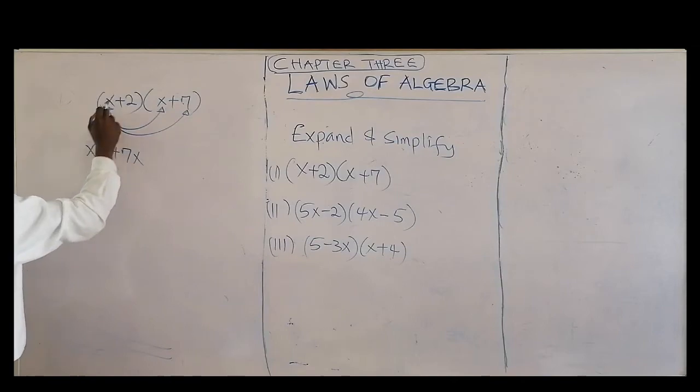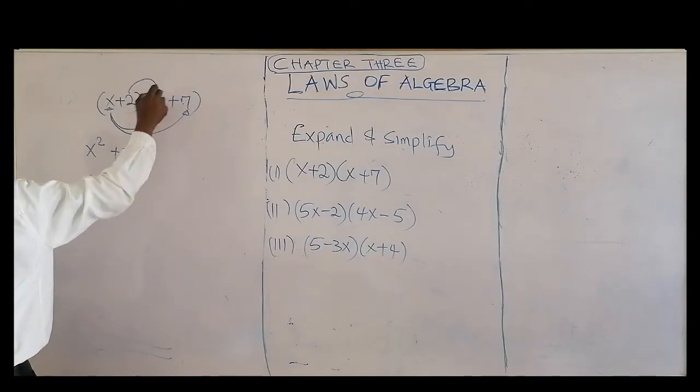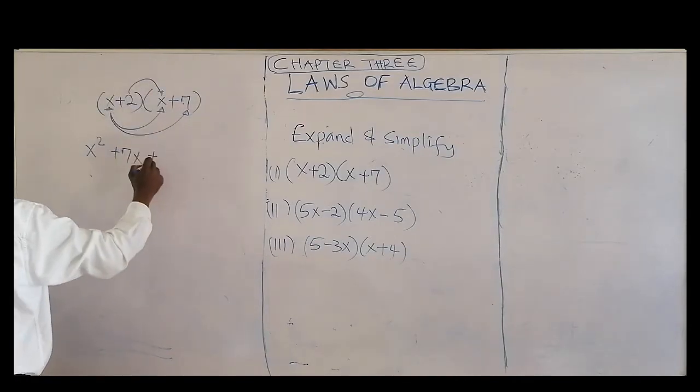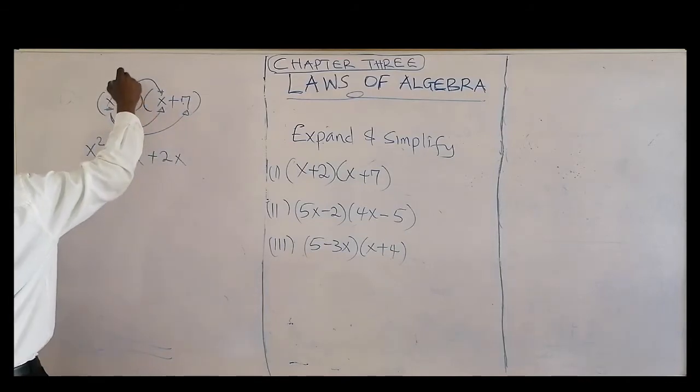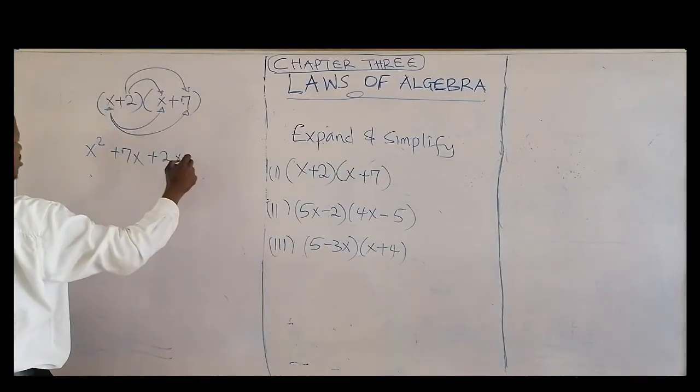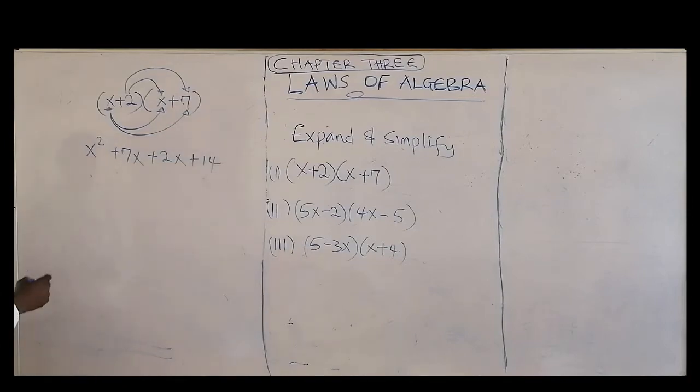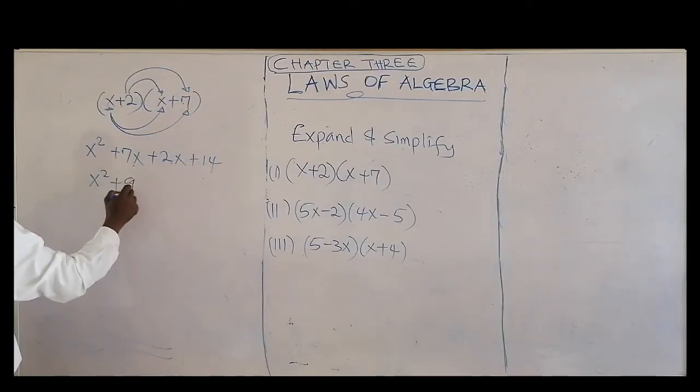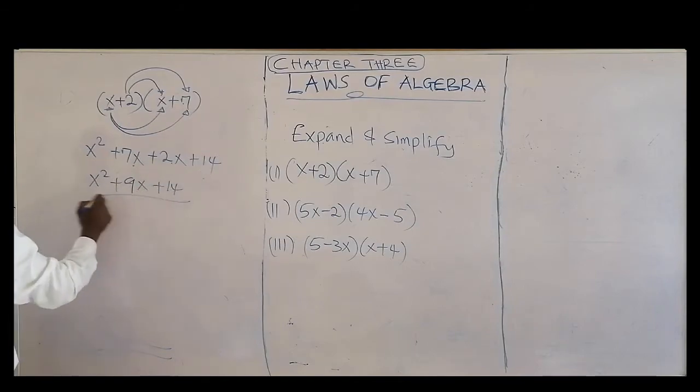So I'm through with this first one. Then the second one times this one: plus 2 times this, plus 2x. Then plus 2 again times this, that's plus 14. Okay? And that will give me this plus this, that's 9x plus 14.